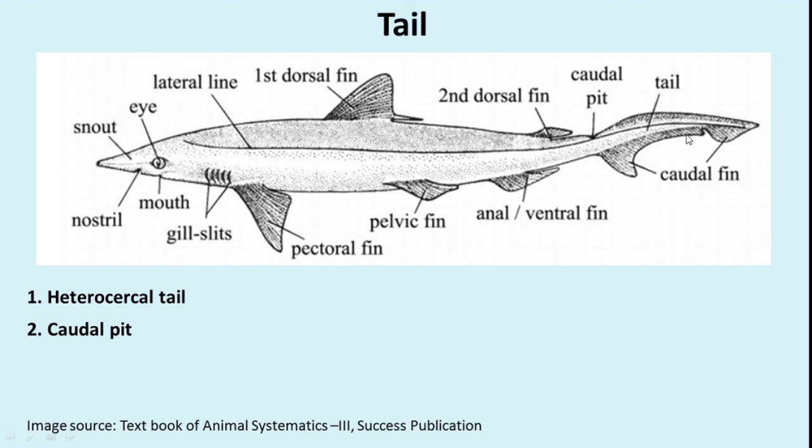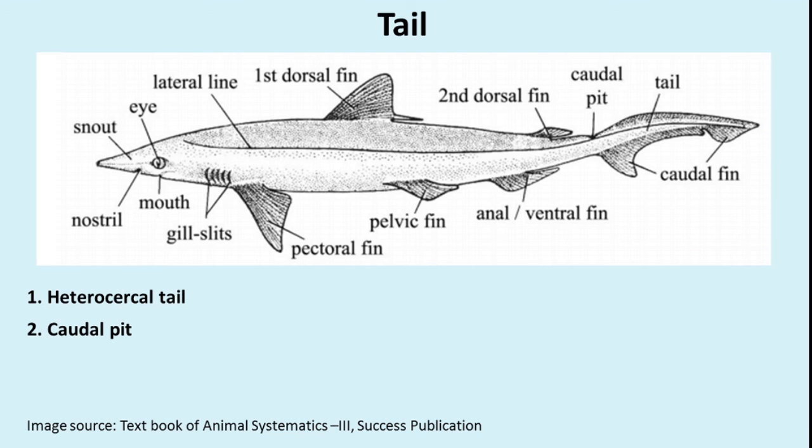One is the larger part and the other one is the smaller part. At the roof of the tail there are two shallow depressions called caudal pits. You can see a pit present here. This is a caudal pit. It is present on both dorsal and ventral sides. So caudal pits are regarded as diagnostic features of Scoliodon.